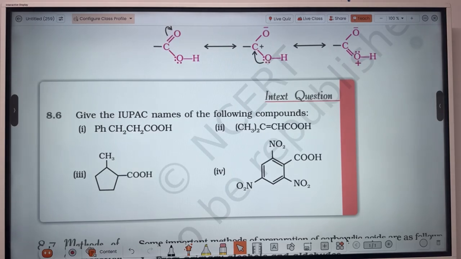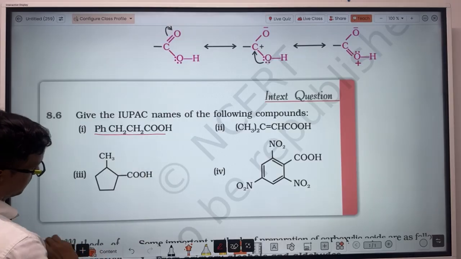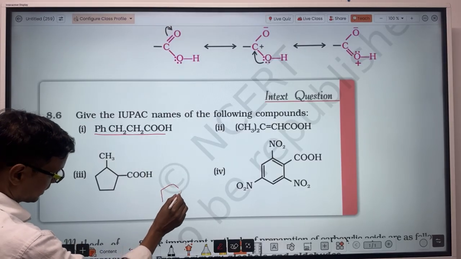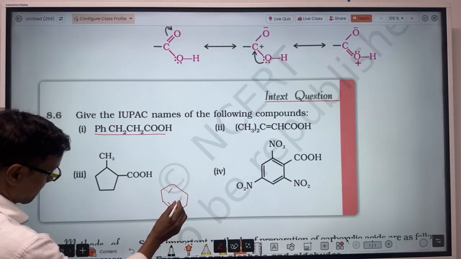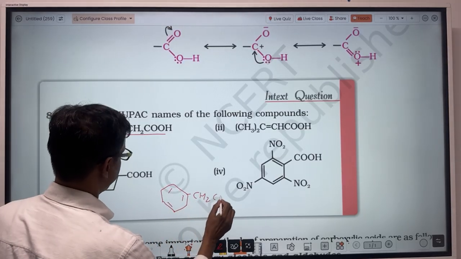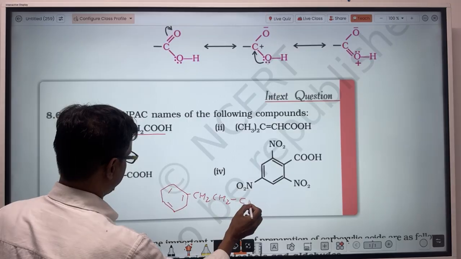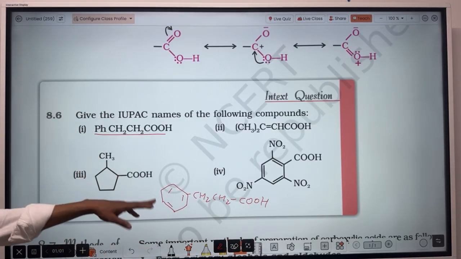Let's see the first question. Ph means phenyl. So in this compound, it is phenyl here, that means benzene. This one is the structure of this compound.